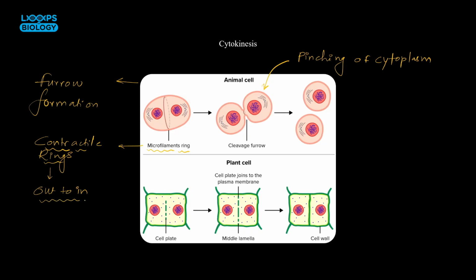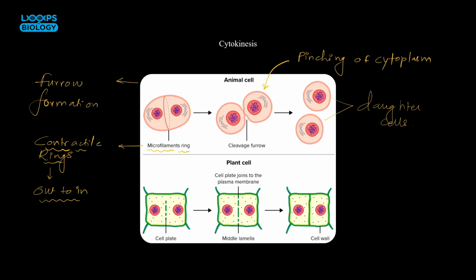Alright, so in the outward to inward movement, the contractile rings are arranged in such a way that the cytoplasm is pinched off, and there is a deep groove formed called furrow. After the formation of furrow, at one point, the breaking of this particular cytoplasm takes place and these two daughter cells are basically obtained.